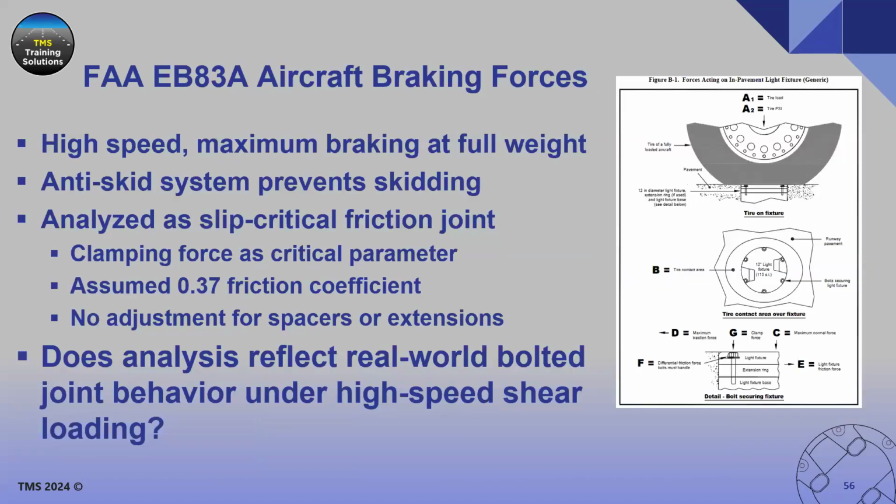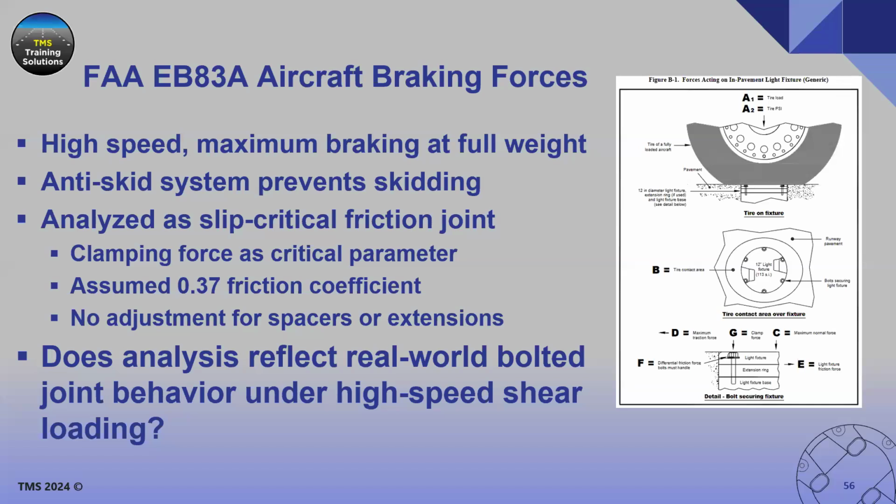So the FAA Engineering Brief 83A, which we talked about earlier, has some best practices for bolted joints and defines the worst case condition to be evaluated. It assumes a heavyweight, large aircraft, with maximum braking at high speed at its maximum takeoff weight.